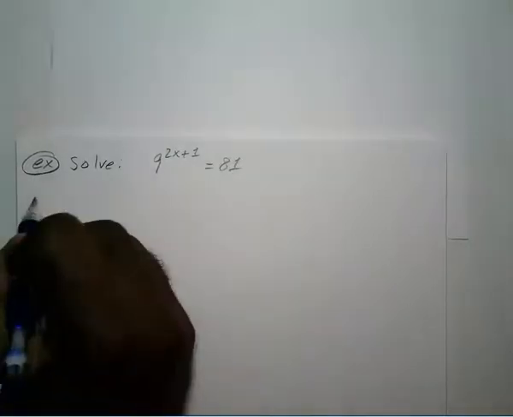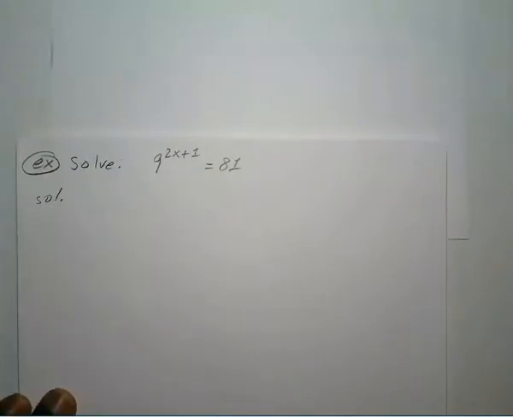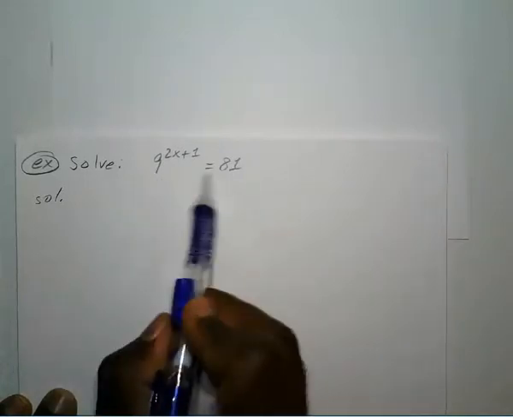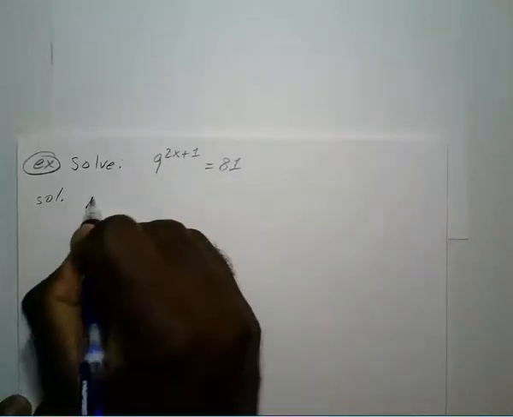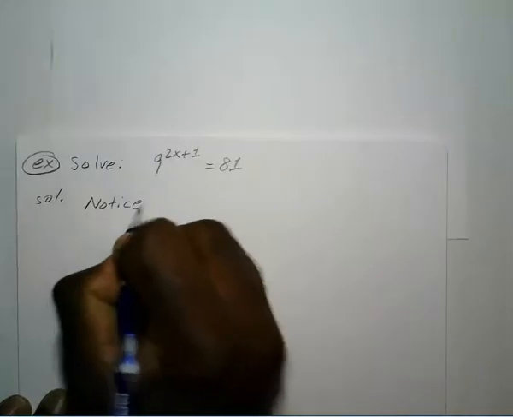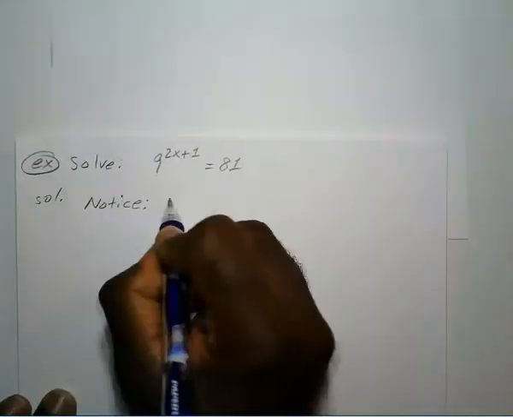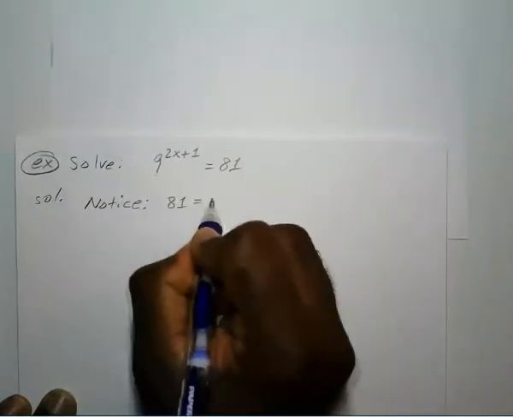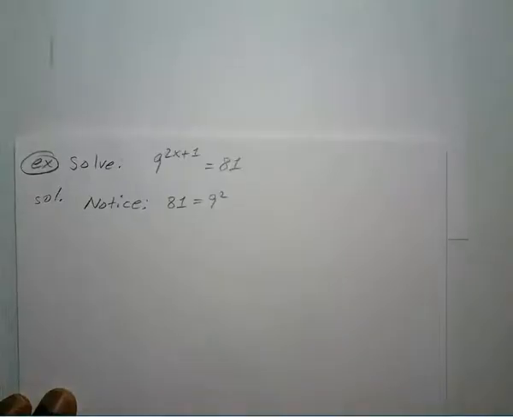Okay, so hopefully you're starting to see the pattern. Since our bases aren't matching here, the one thing you want to notice is that 81 is equal to 9 squared.